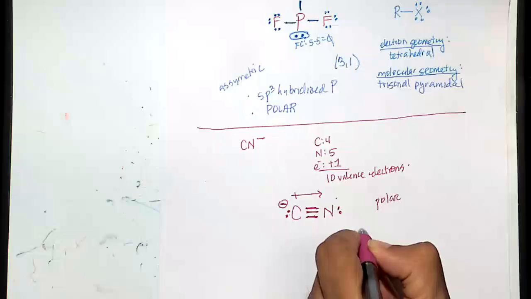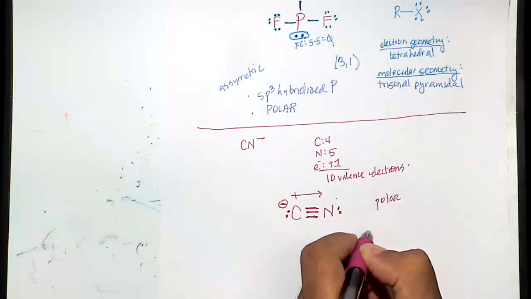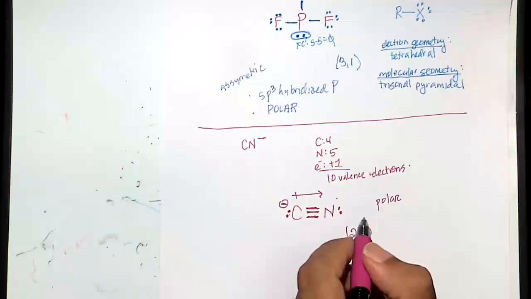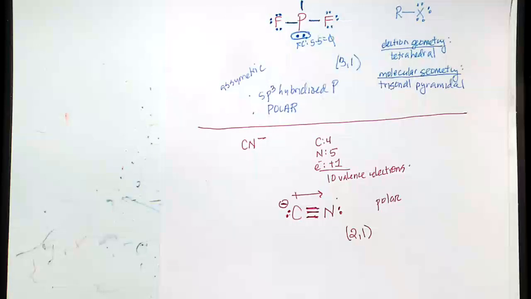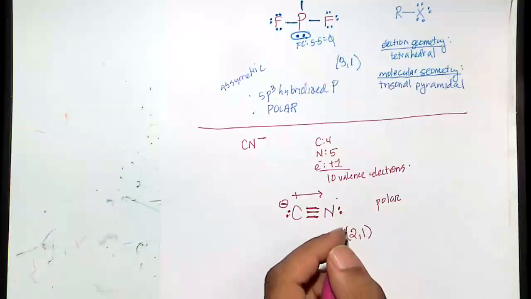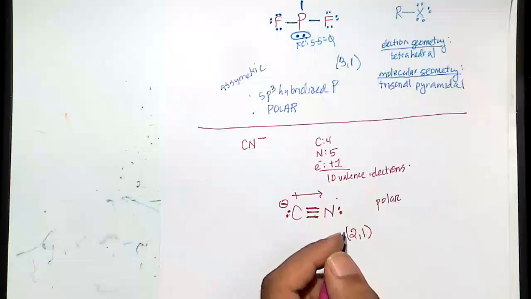So this would be 2 bonds and 1 lone pair. Is there a geometry for 2 bonds and 1 lone pair? Molly, do you know what's 2 bonds and 1 lone pair? Can I have that sheet here? 2 bonds and 1 lone pair.